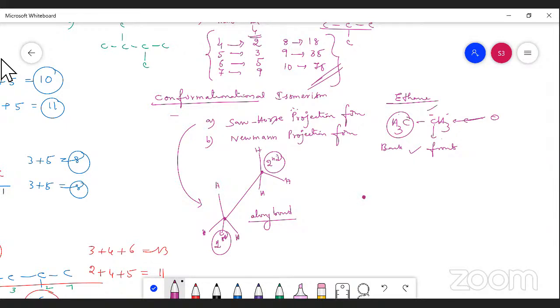In the front carbon, how many hydrogens are there? 3 hydrogens, which I draw like this. Next, the rear carbon means the back carbon. The back carbon we always write as a sphere. If you draw a sphere, that is the back carbon. Even in the back carbon there are 3 hydrogens, and those you draw from its circumference.